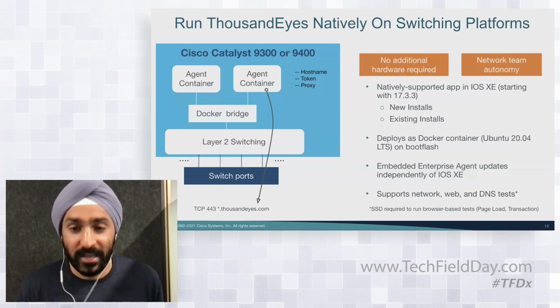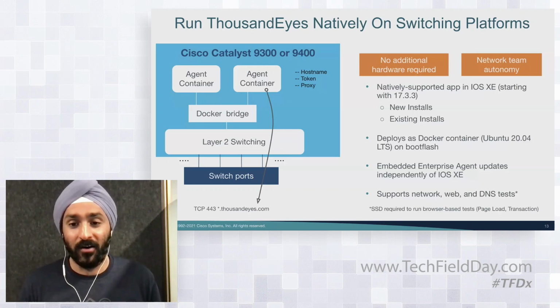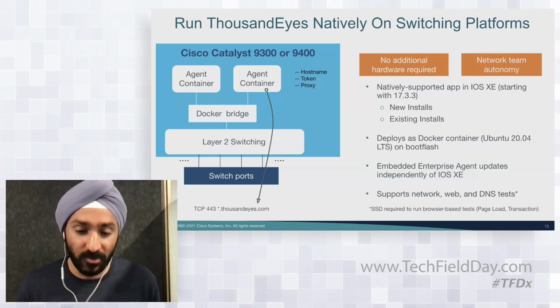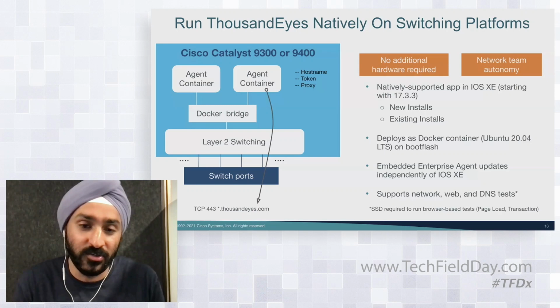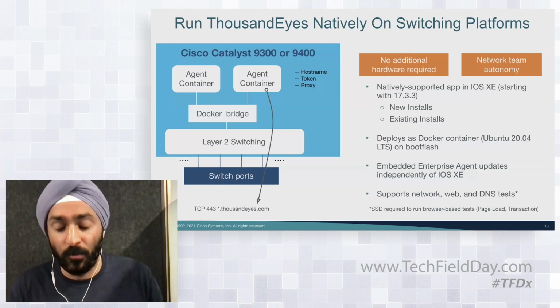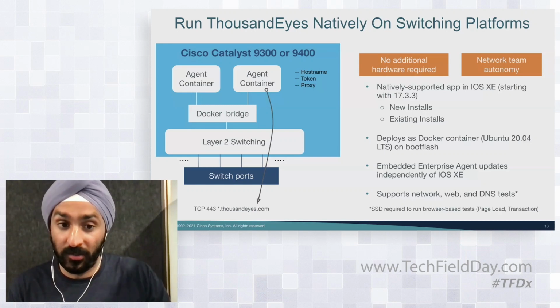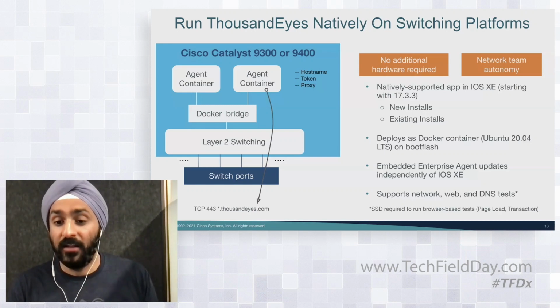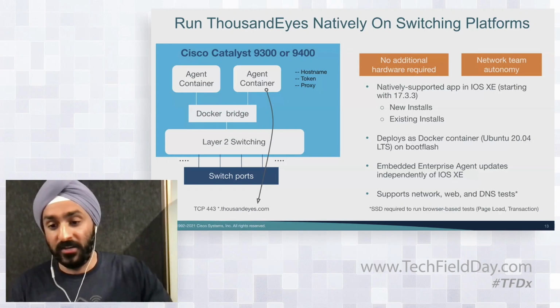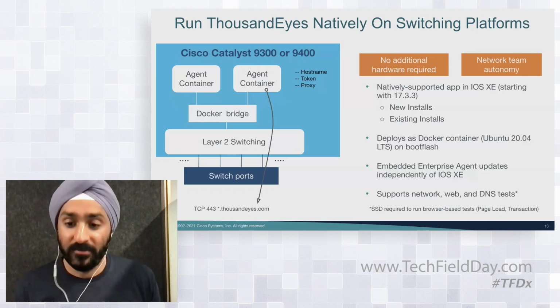We totally understand, iOS XE upgrades aren't always easy. There is a long process that requires vetting across customers and users. But this is a one-time update only to allow our agents to be installed on a 93 or 9400. In the future, all enterprise agent updates are independent of iOS XE.